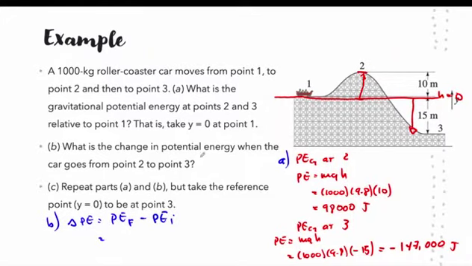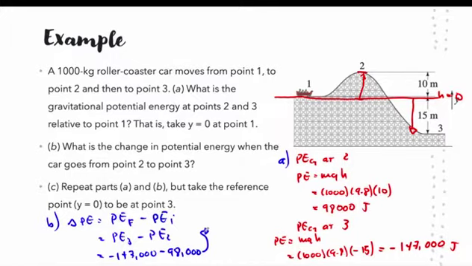So point 3 becomes our final potential energy. So potential energy at 3 minus our initial potential energy at 2. This is minus 147,000 minus 98,000.